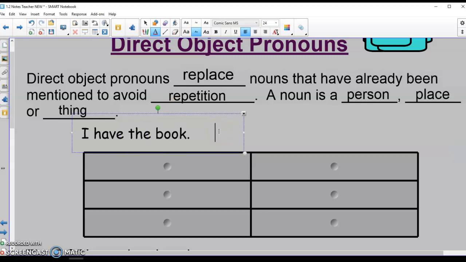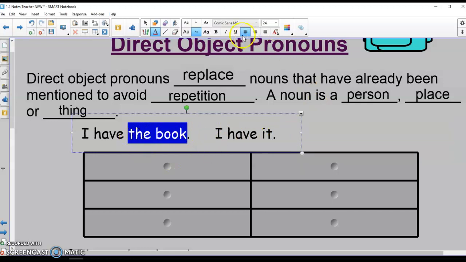Because in English, many times we abbreviate the book to I have it. Right? So the book in the sentence is considered the direct object. The word it is considered a direct object pronoun. Okay, so direct object pronouns replace nouns, like the book in this sentence, again, to avoid repetition.